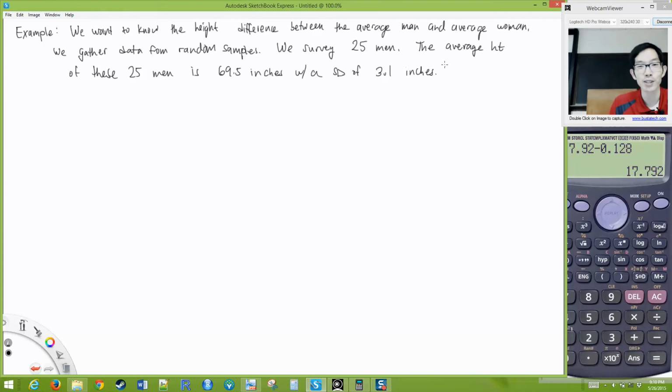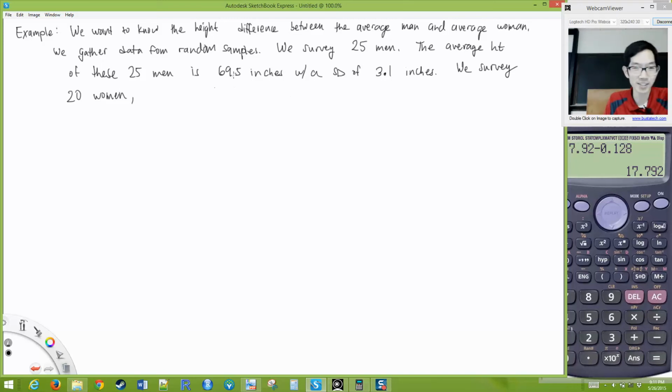It's average American height-ish. Okay? We survey, we'll say, 20 women. Is it 31 or 3.1 inches? 3.1. It would be crazy if we had a standard deviation of 31 inches.